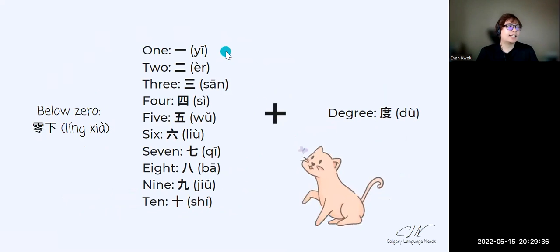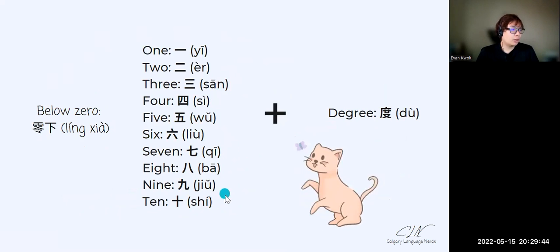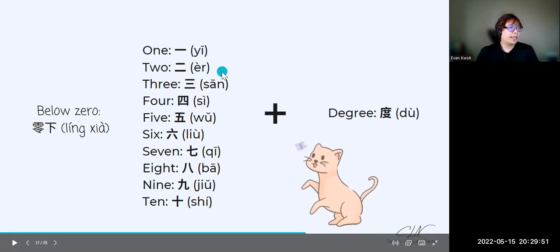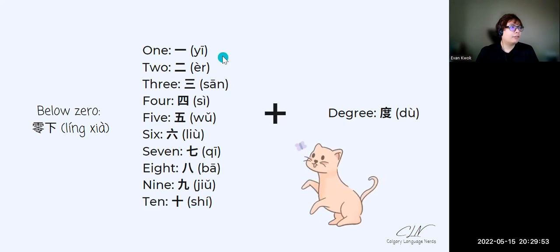So again, let's say the numbers again. 1, 2, 3, 4, 5, 6, 7, 8, 9, 10. If it's 11, we can say 11. 12, we can say 12. And then for 20s, it will be 20.